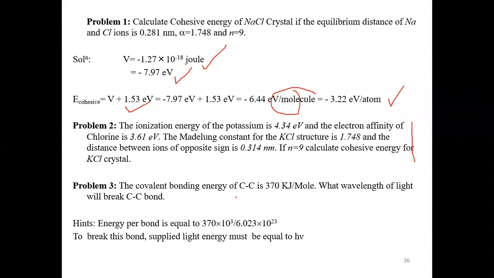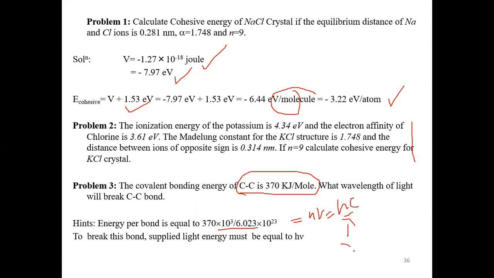Okay, and then we solved another problem of covalent bond. So covalent bonding energy is this per mole. Per mole means about this number of atoms, about this number of bonds. So you can calculate per bond by dividing by this number. That must be equal to h nu, and that must be equal to hc by lambda.